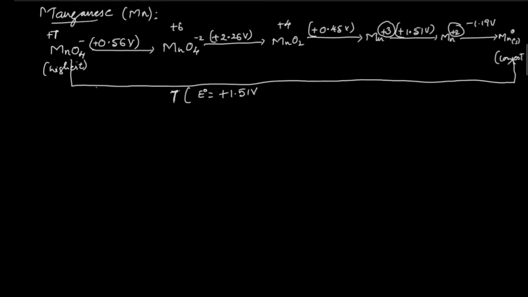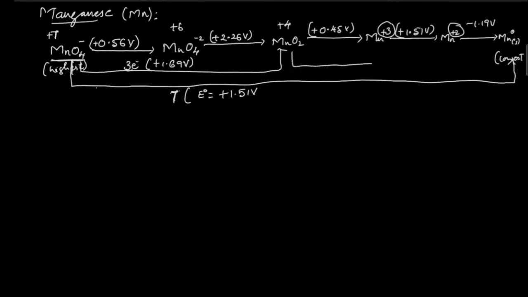Here you may have different non-adjacent species. MnO4 minus can get converted into MnO2, is it not? This is one non-adjacent species. Here the number of electrons involved is 3. For this, E naught value is plus 1.69 volt after calculating.